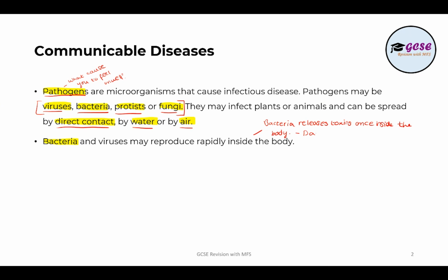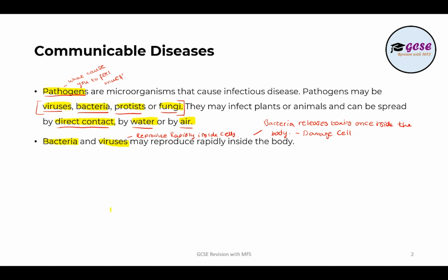The cell damage is what makes you feel ill. Viruses reproduce rapidly inside the body, and the key thing here is that they reproduce rapidly inside of cells. Because they reproduce rapidly inside of cells, it causes the cell to burst.